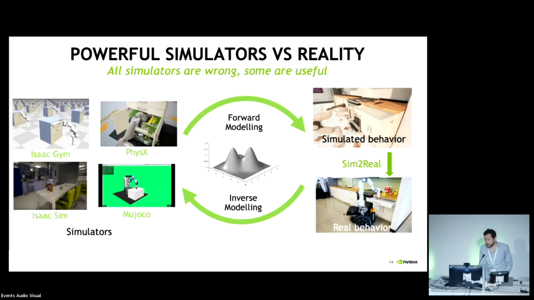If you did physics, or even in biology, this process is called inverse modeling. We are going from large, high-dimensional trajectory data to then try to infer physical properties behind it. And that process is usually non-unique.